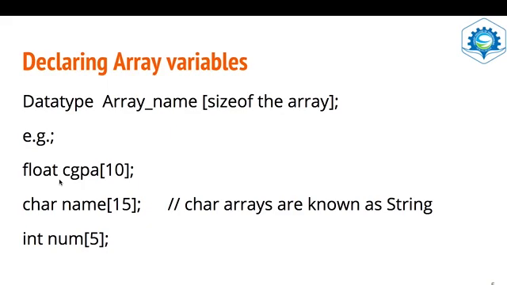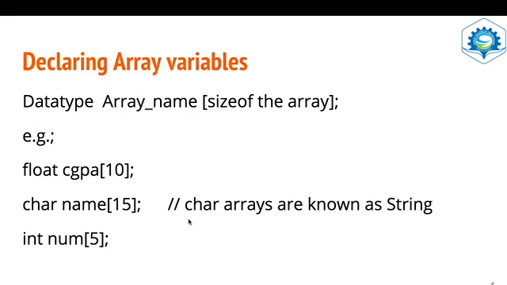That is, float cgpa[10] means the name of the array is cgpa, it is a floating type array, and we are reserving 10 different locations to store it. As we have already discussed, a character array is known as a string. Here it is a string and its name is name, of size 15.